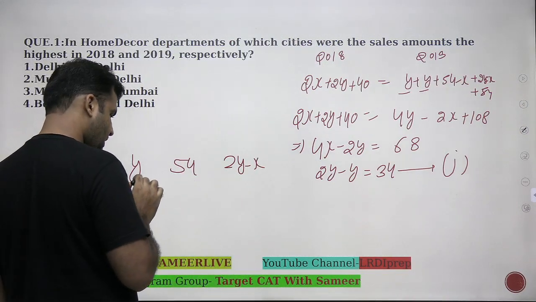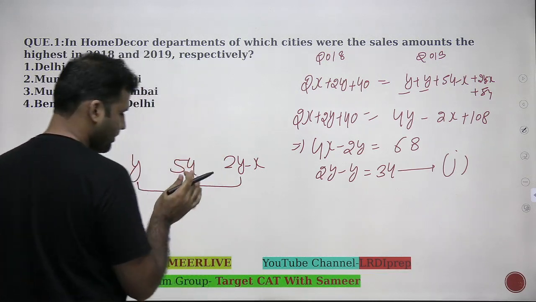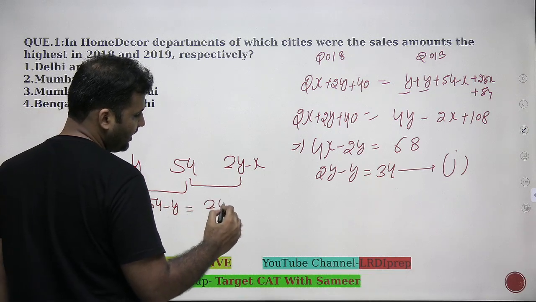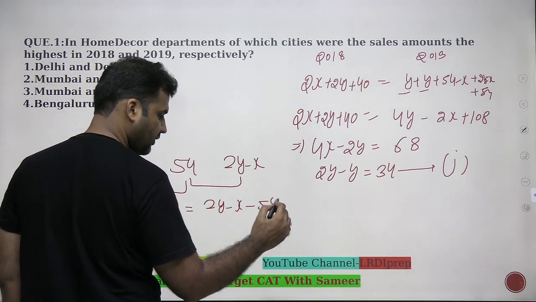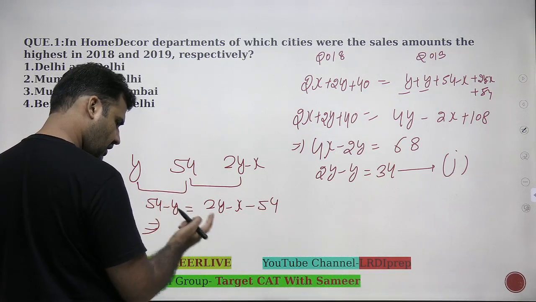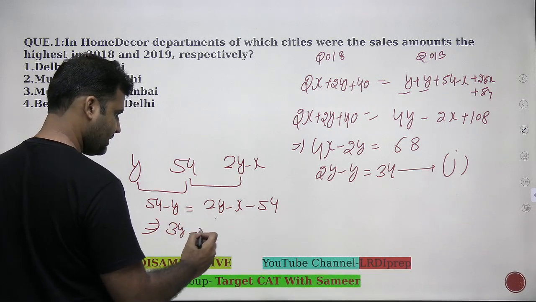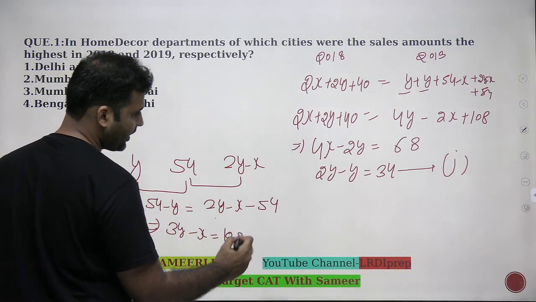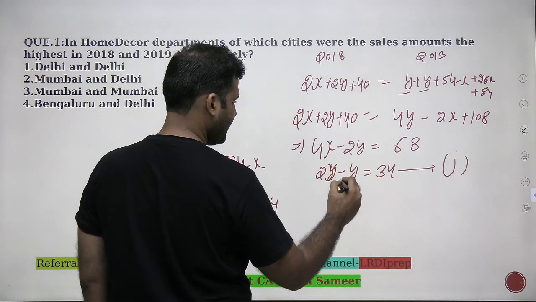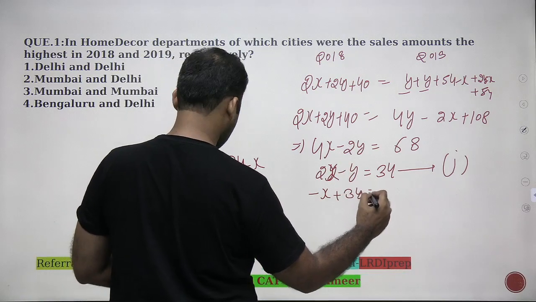A series where the difference between consecutive terms is the same. That means the difference of 54 and y would be the same as the difference of 2y minus x and 54. This would be equal to 2y. Now if I take this on this side, 3y minus x will be equal to 108. So I got minus x plus 3y equal to 108.